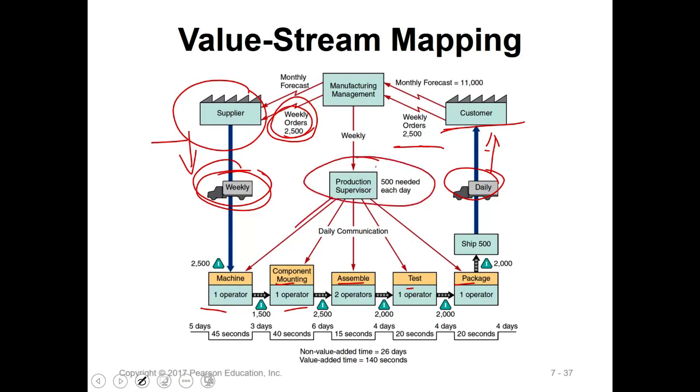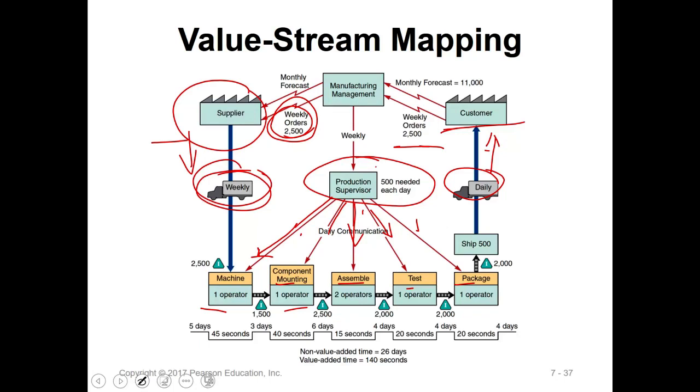So daily communication is included in this chart. They have to make sure to send the working order to every step, to the machines, saying how many units will be produced.